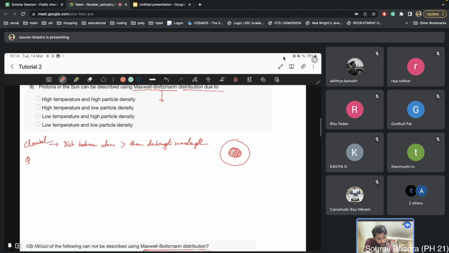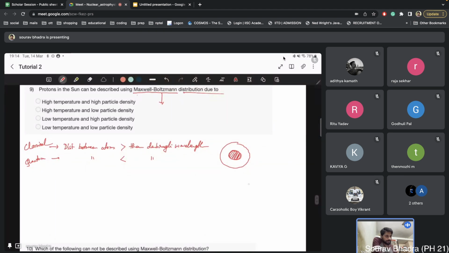And the quantum limit is when the distance between the atoms is smaller than the de Broglie wavelength. So, you know the associated de Broglie wavelength of every particle. If the associated wavelength of a particle is lambda, then it can be expressed as h by p, where p is the momentum, which can be written as root of 2mE, where E is the energy.